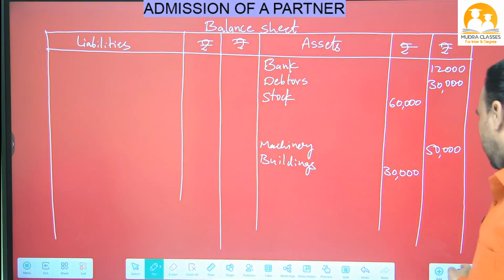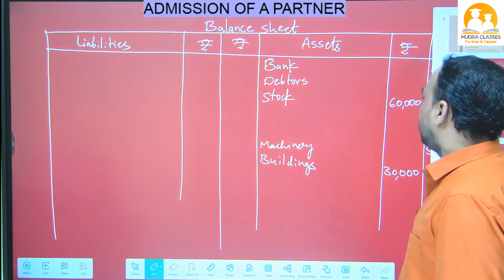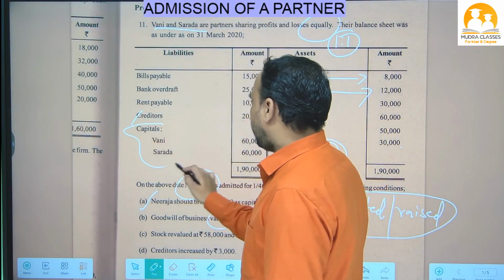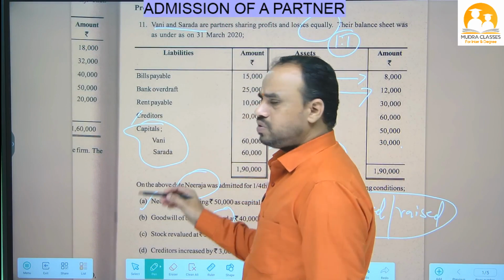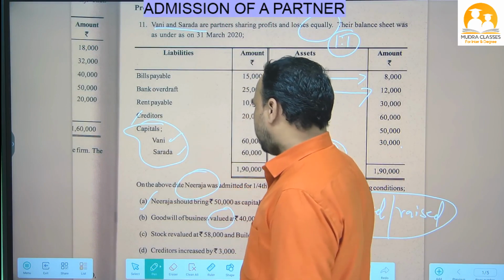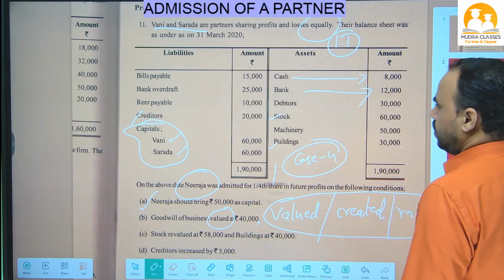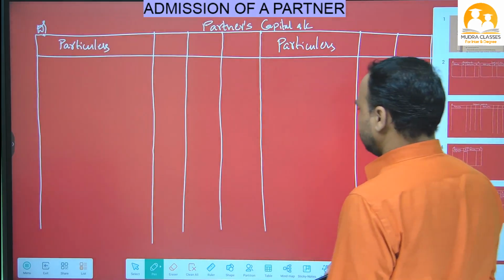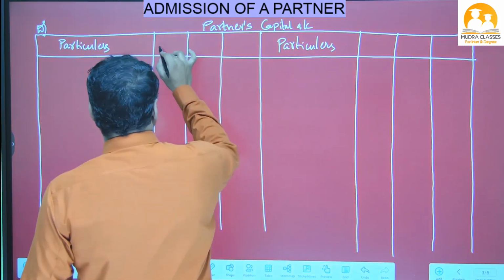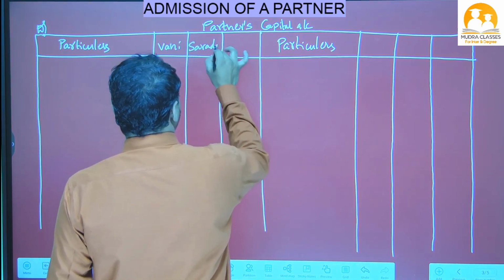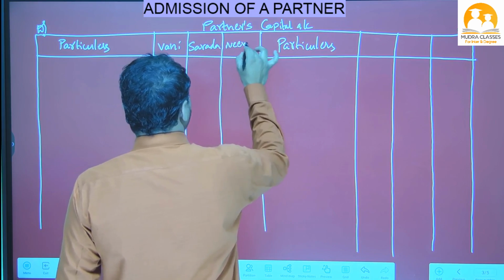Now come to the liability side in the question. Capitals of Vani and Sarada are given. These two we have to write on the partners capital account credit side. Vani and Sarada are partners, so here I will write the first names Vani, Sarada and Neeraja.